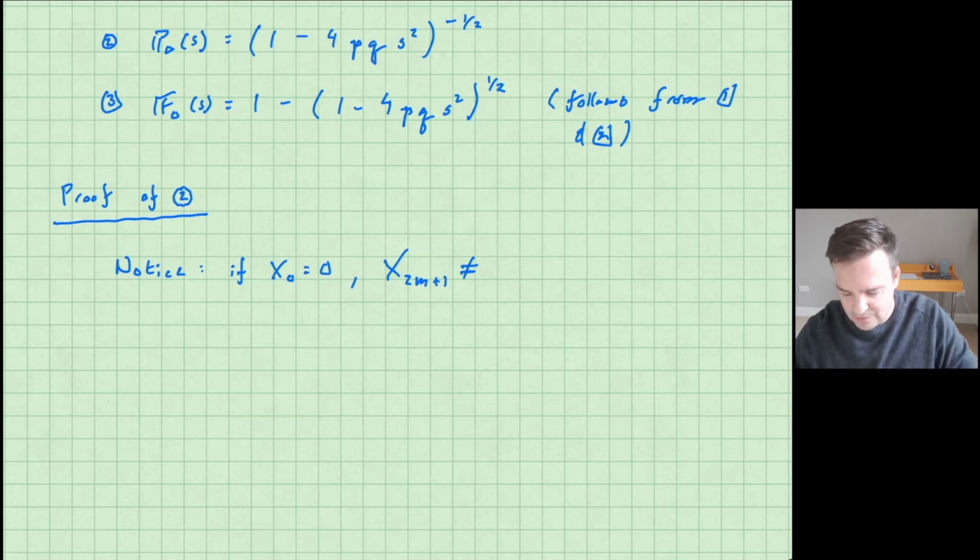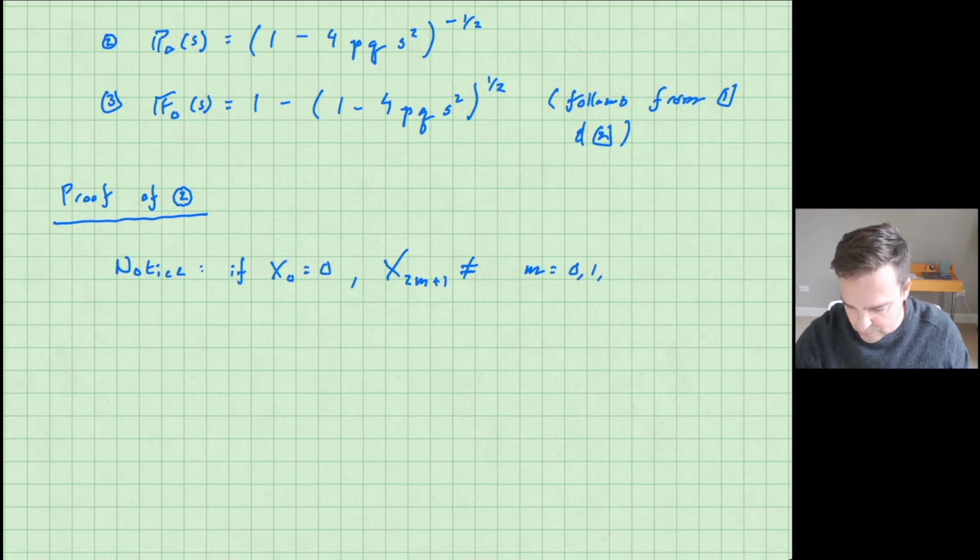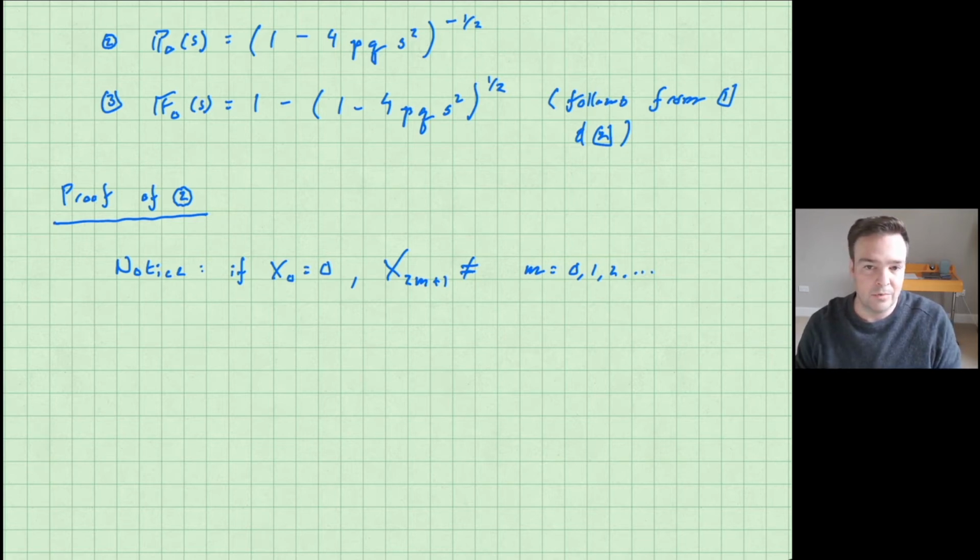So you can never be back at state 0. This is for m equal to 0, 1, 2, and so on. You can never get back to state 0 in an odd number of steps.